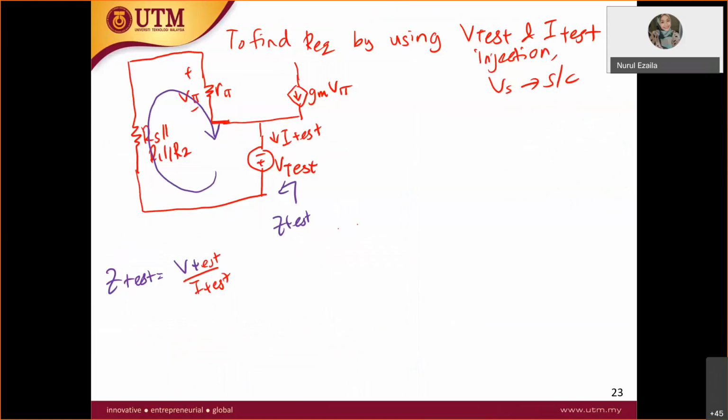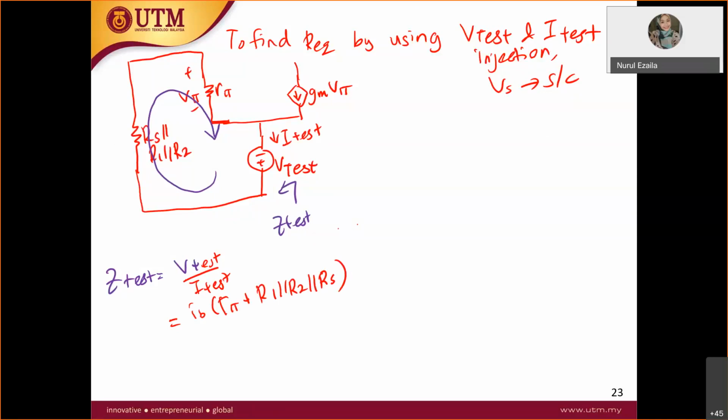In this case, V-test is equal to the total voltage in this KVL. Therefore it is equal to IB times R pi plus R1 parallel with R2 parallel with RS.